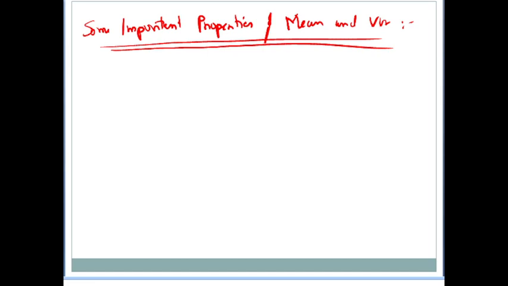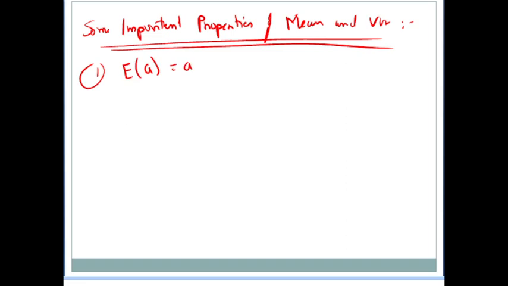Okay, let's discuss some of the important properties of mean and variance. The first important property is that the expected value of a constant will be the constant itself.